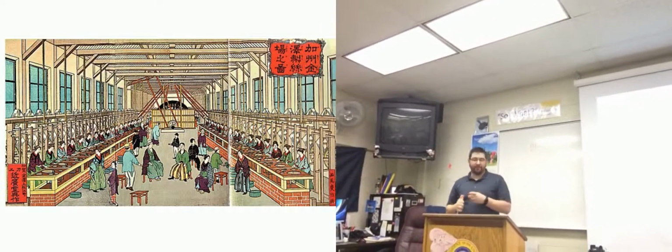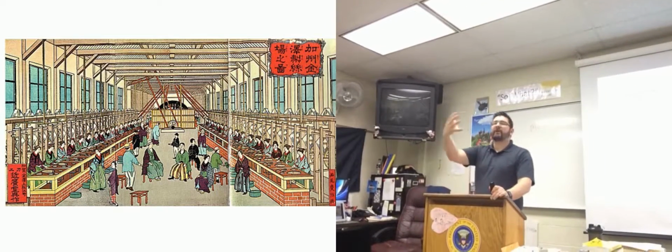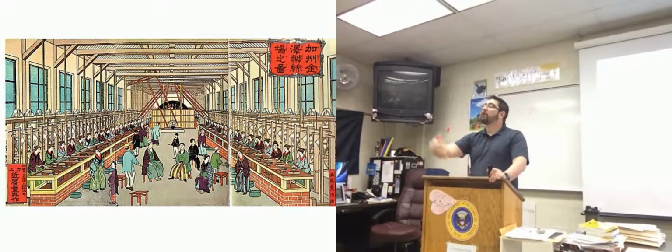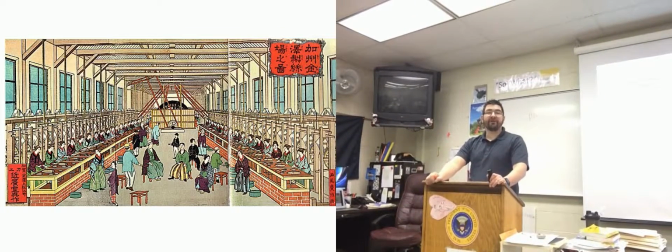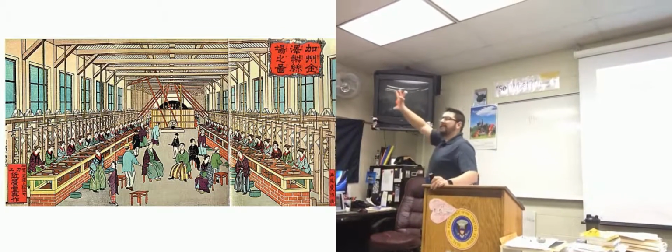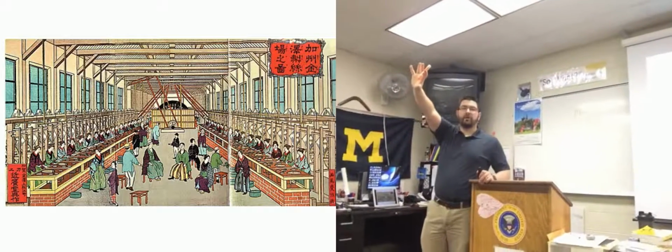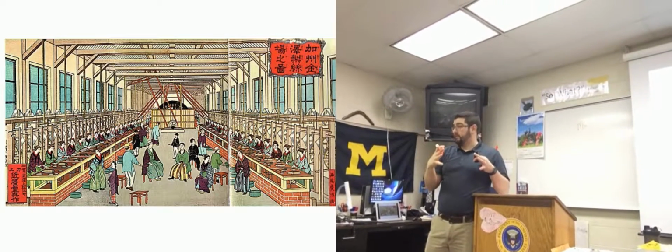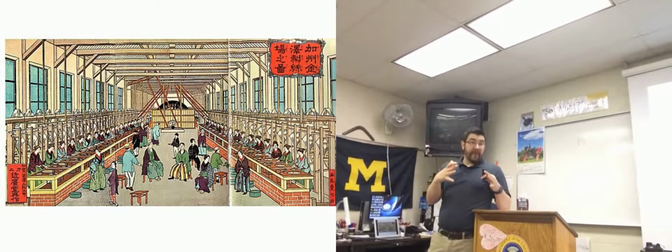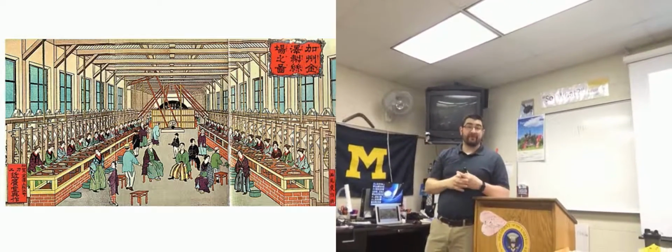It's the restoration of the power of the emperor over the shogun in Japan. Do we recall that in the 1600s, the Tokugawa shogunate ushered in a couple centuries of Japanese isolation, right? Centralization of Japan, but isolation of Japan.